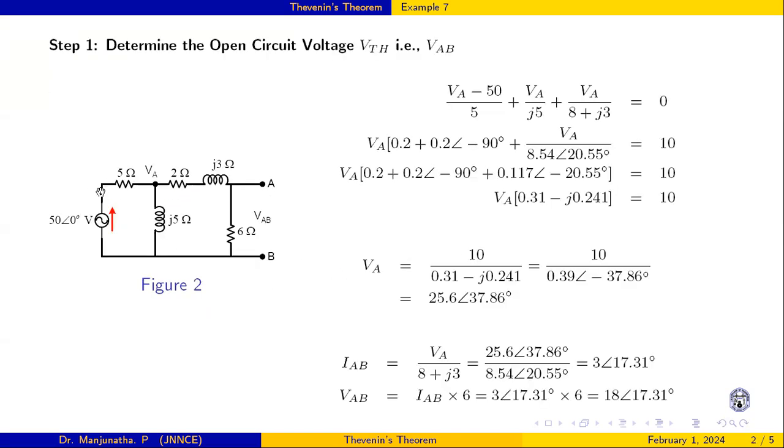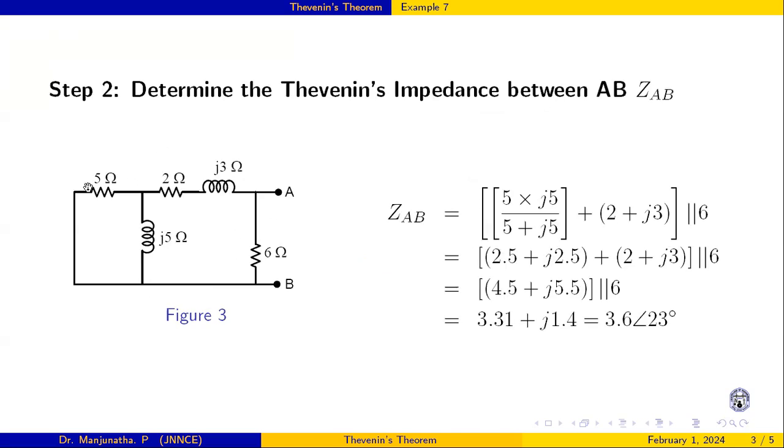The next step is the impedance. Short circuit the source. When I short it here, the 5 and j5 are in parallel, and that is in series with 2 plus j3. Then this entire combination is again in parallel with the 6 ohms.